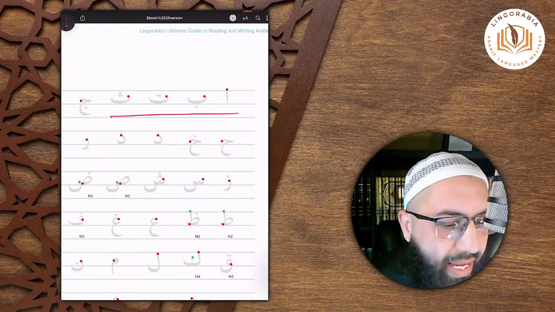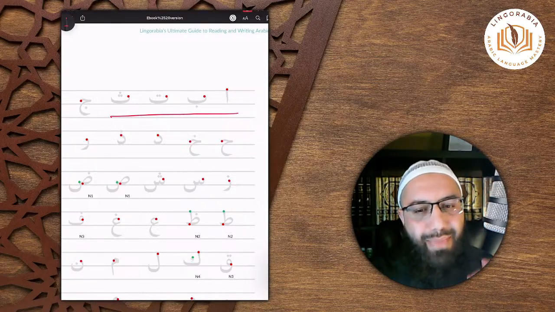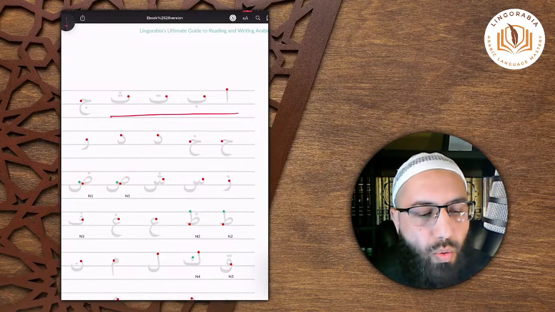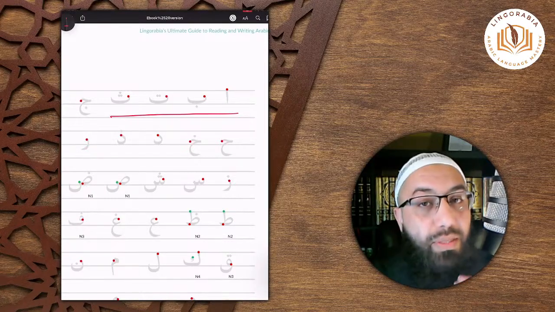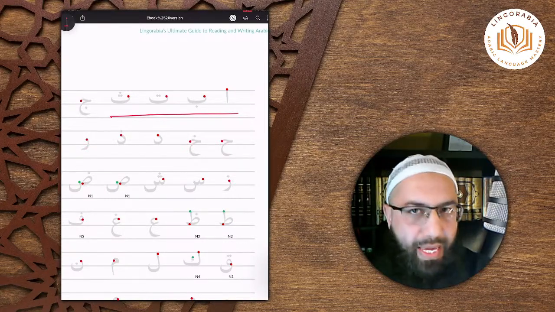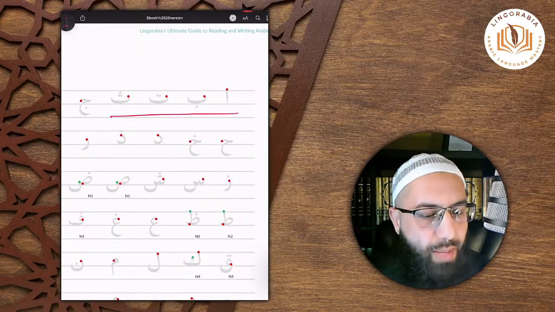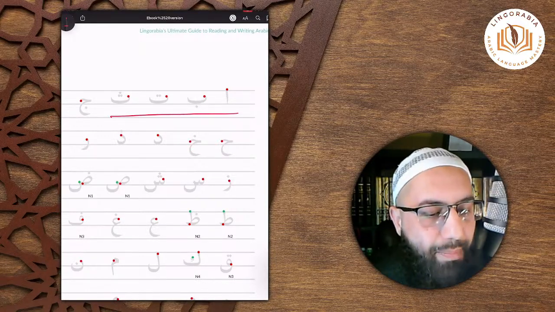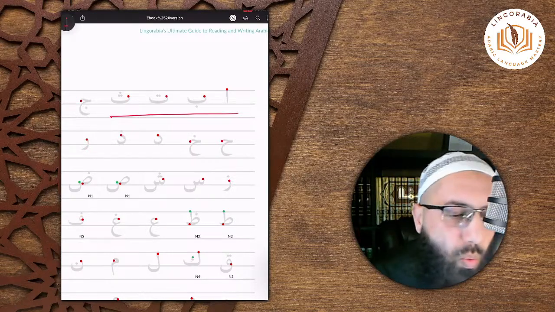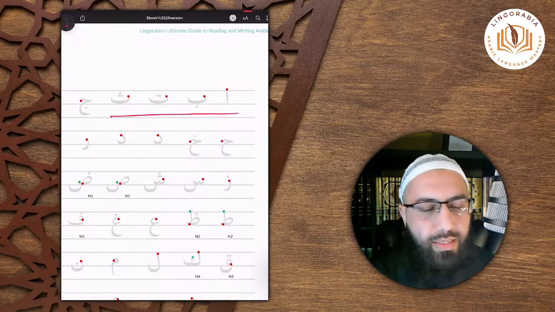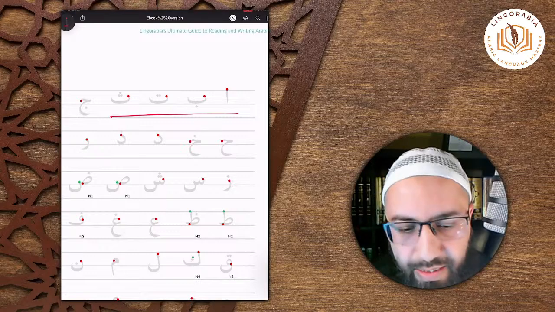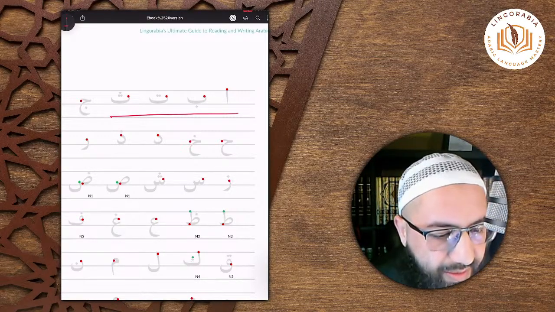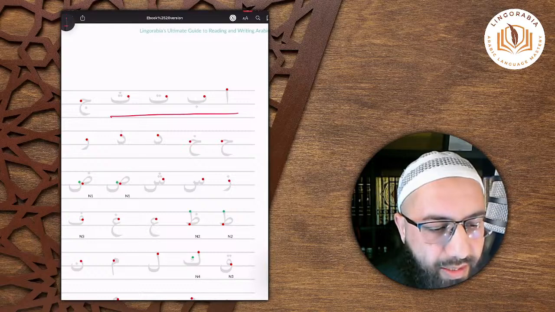The fundamentals of the Arabic script: when you write, there are fundamental rules that we should abide by. What are these rules? That's what I want to know from you guys.